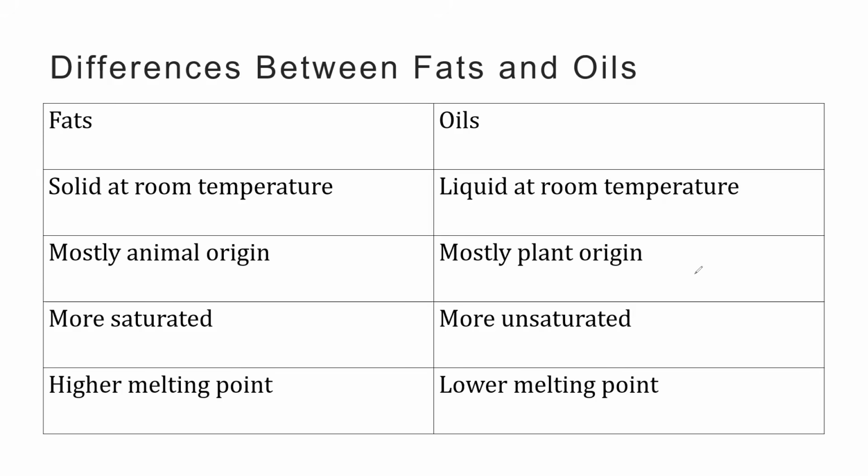Now, fats are saturated, while oils are unsaturated. What that means is that fats are formed by the esterification of glycerol with 3 saturated fatty acids. In the case of oils, oils are formed by the esterification of glycerol with 3 unsaturated fatty acids, because it's the saturation of the fatty acid that will determine whether what we will get would be fat or oil.